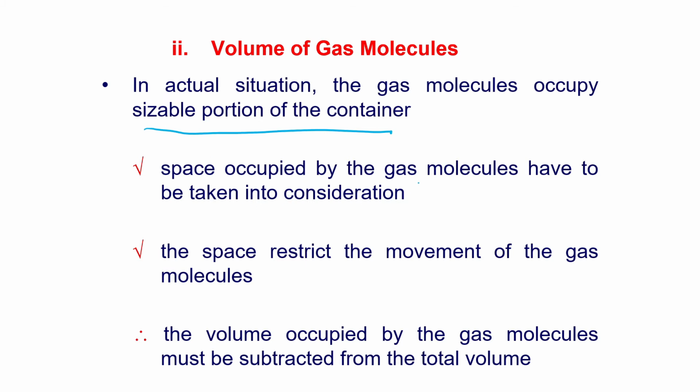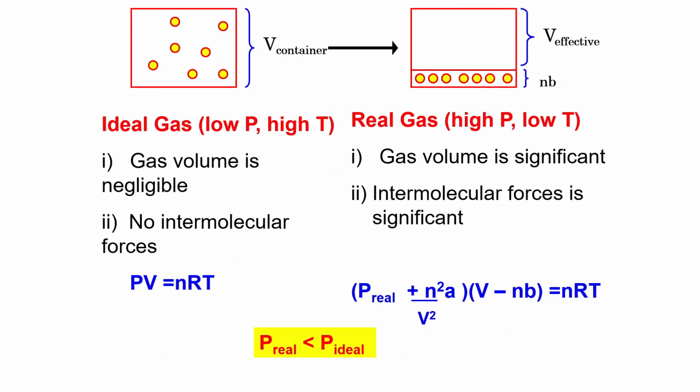Ruang yang diambil oleh molekul-molekul gas ini perlu diambil kira. And the space restricts the movement of the gas molecules. Jadi ruang ini dia akan menghadkan pergerakan molekul-molekul gas. And the volume occupied by the gas molecules must be subtracted from the total volume. Jadi ini kita ada container, and then we have V effective.